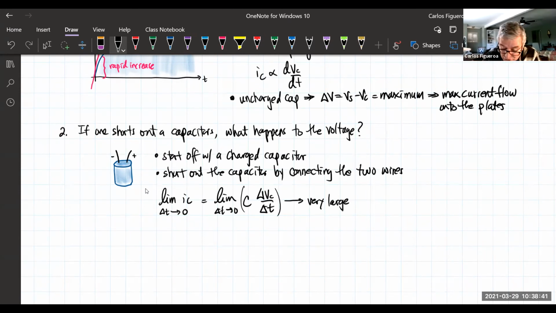So what happens between the two wires? When we're saying a very large current, it could be so large that you get dielectric breakdown. You may remember dielectric breakdown is 3 million volts per meter.